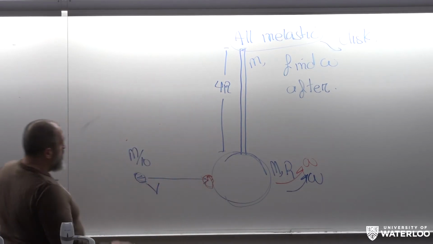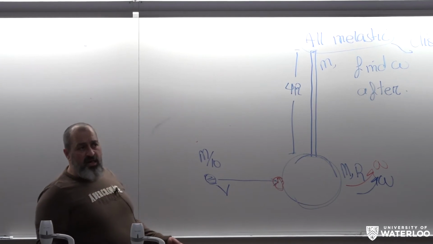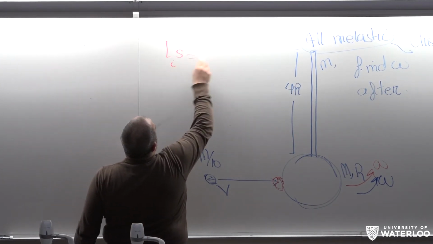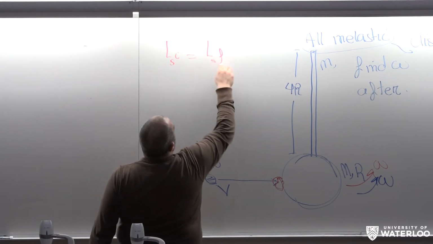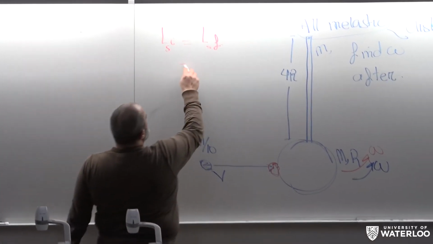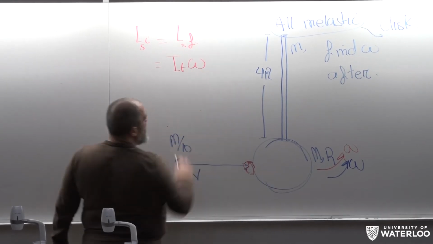So we'll say L system initial is equal to L system final. And L system final is what? Easy. I total times omega.